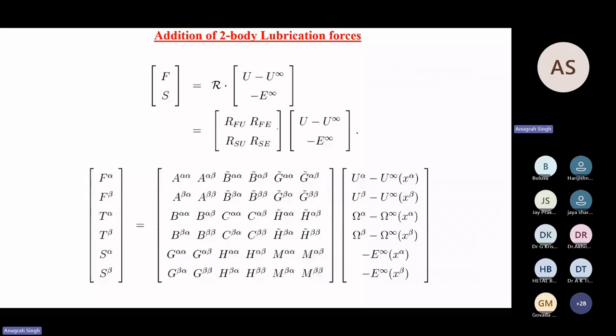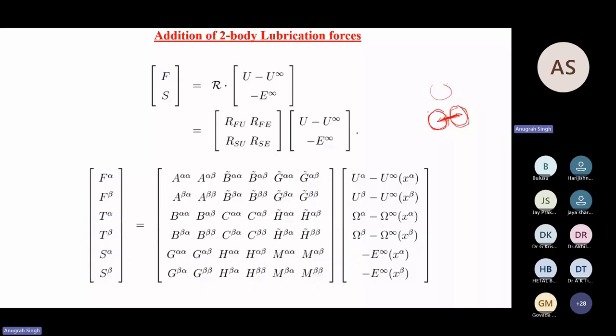So close-by particle interactions we can add. Fortunately, when the particles are close, two body interaction is important compared to three body, because the three body forces will be very small compared to these two, since the lubrication between these two will be so strong. Let's say it is 100, then this will be only 1. So you can neglect 1 compared to 100. That means you consider only two body.